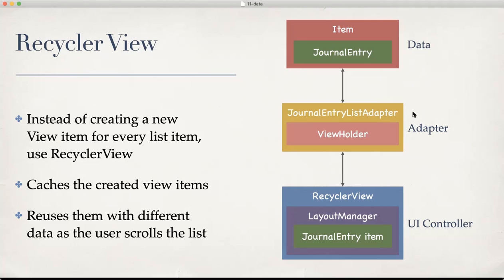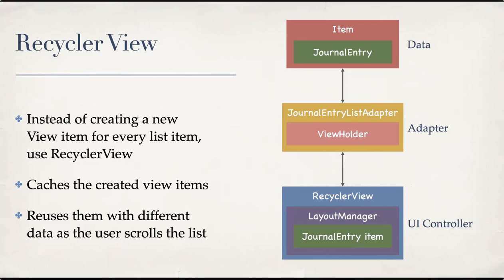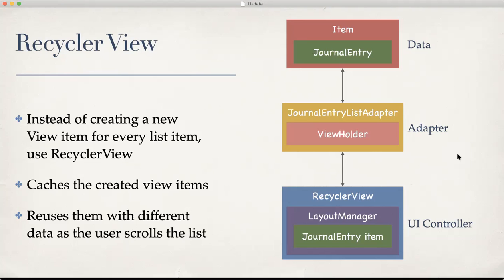This adapter, as the name suggests, is going to act as the bridge between these two things, the data, which is a different type, and the UI controller, which is a different type. Both of these are pluggable through the adapter. Adapter makes them work with each other.